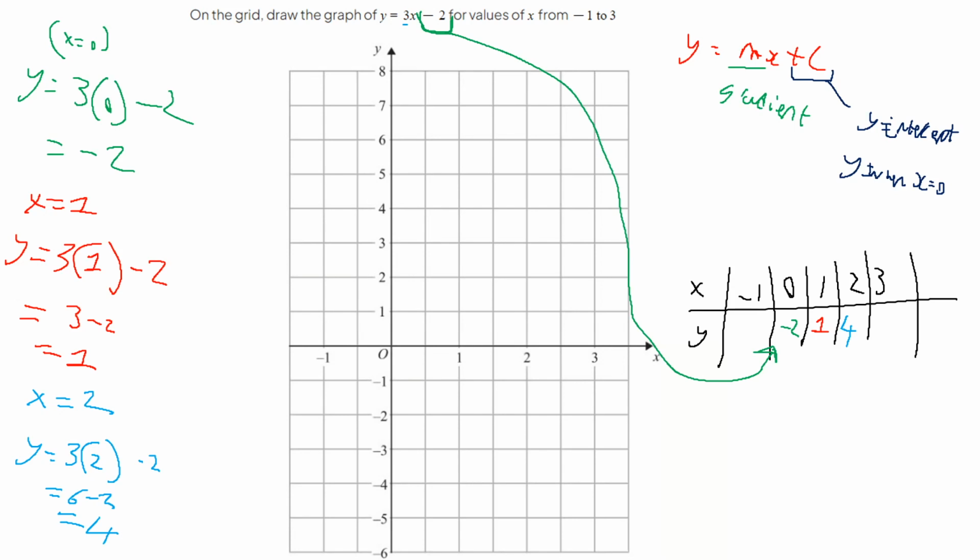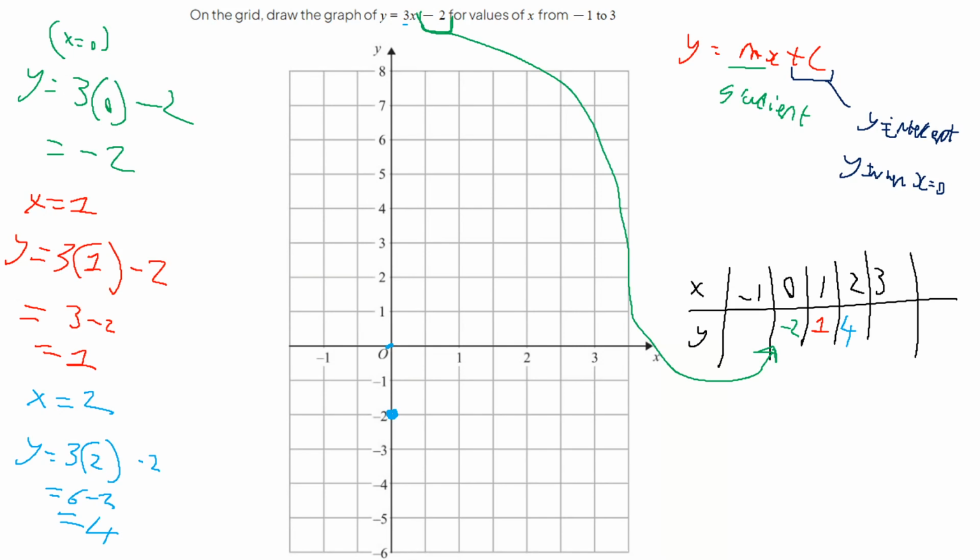Now what we can do is plot the 3 points that we have here. At x is equal to 0, this is the x-axis, y is equal to minus 2, so you can put it here.